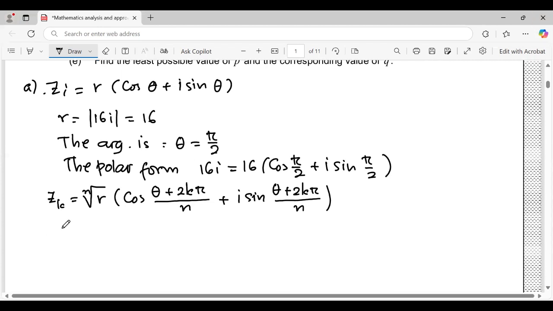According to the information, n equals 4 and r equals 16, so the fourth root of 16 is 2.